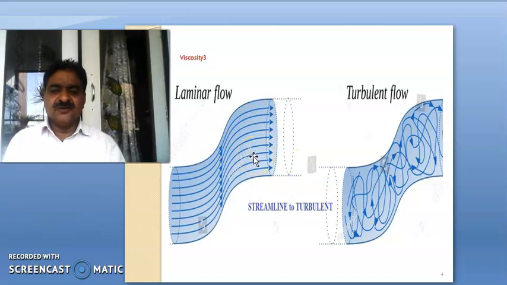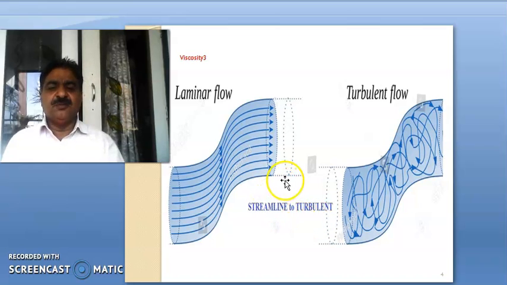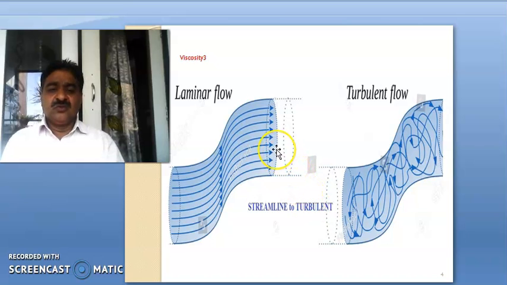But if we observe this figure, as the velocity is increasing, one stage will reach, at that particular velocity, this streamline flow, or we say laminar flow, is going to change. It turns into what we say turbulent flow.